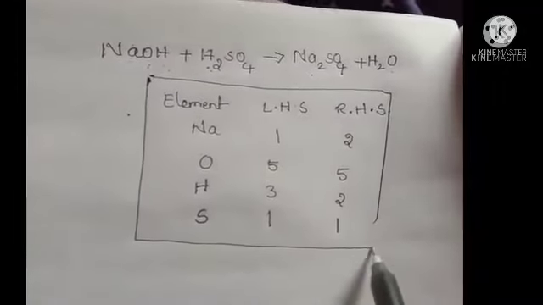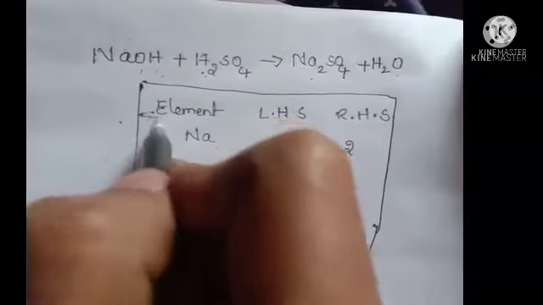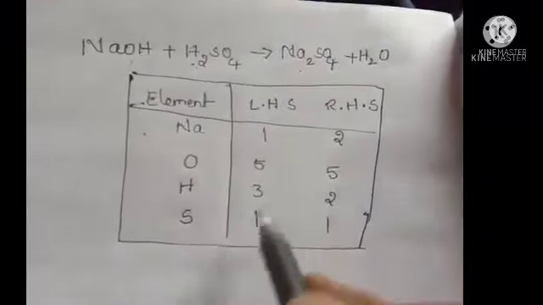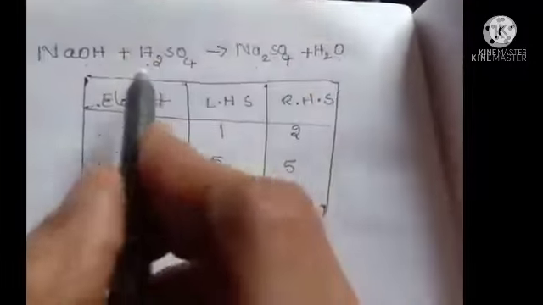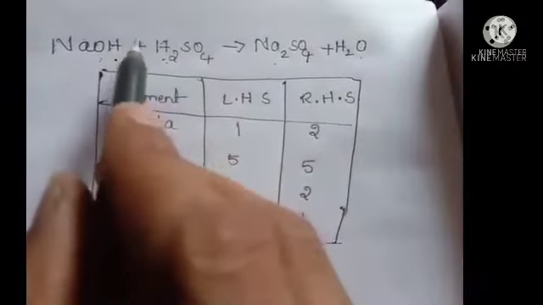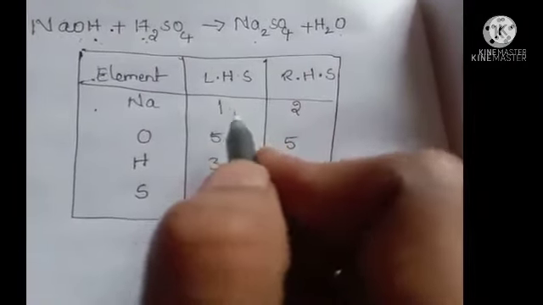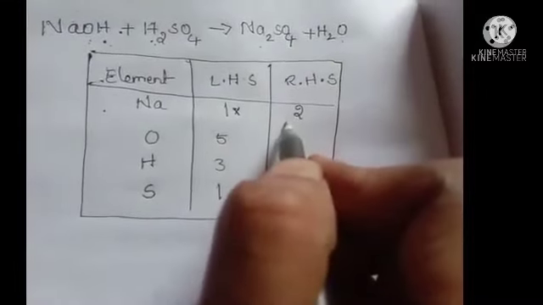First we take the unbalanced equation, which is called the skeleton equation. After the skeleton equation, we write all the elements and the number of atoms on the reactant side and product side. Now first we balance the sodium, which is 2 on the right side.